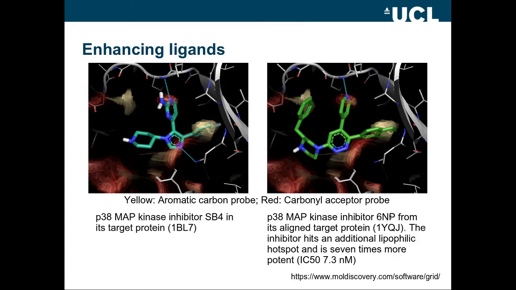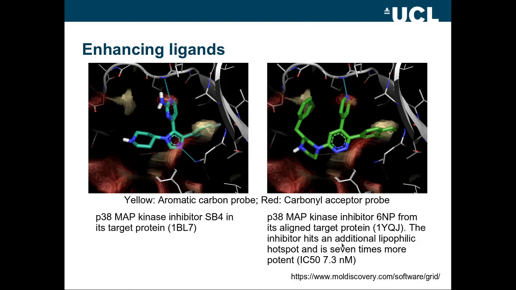This one's now called 6NP, and that has added a fairly rigid ring structure here and another phenyl group here, such that that is ending up in that yellow patch.